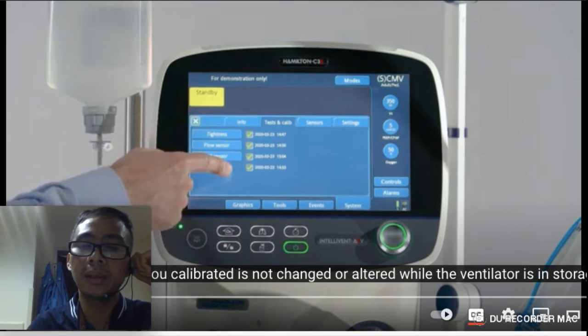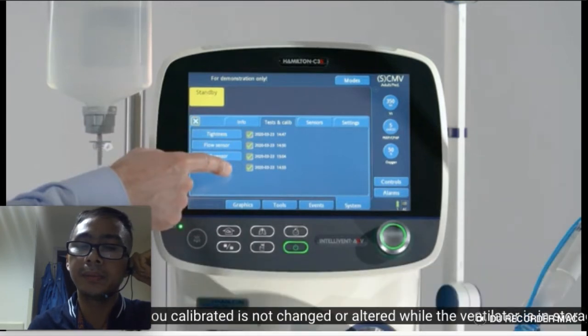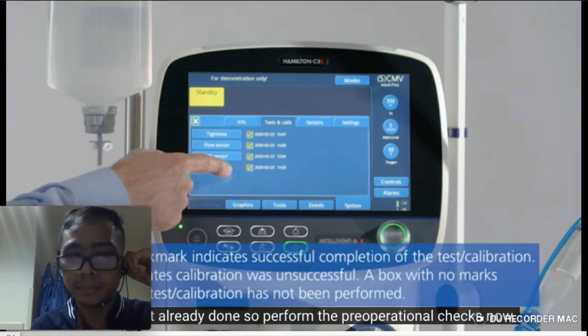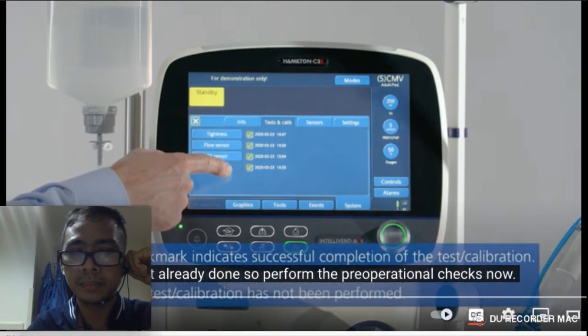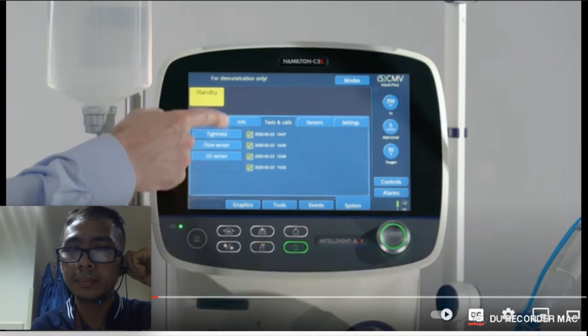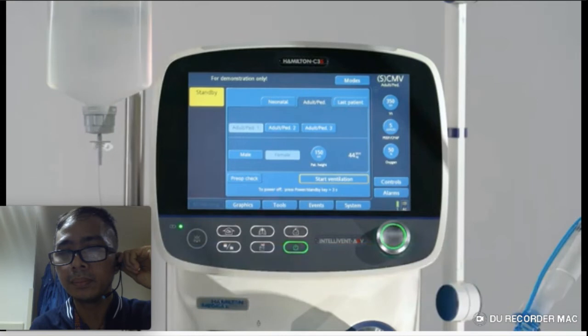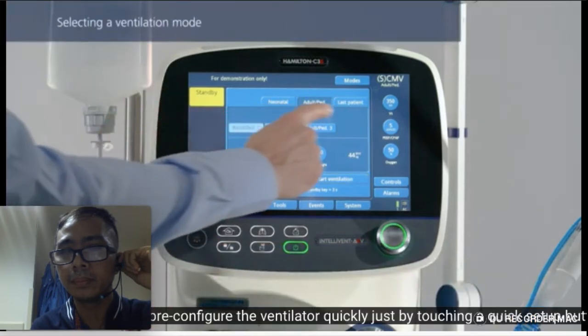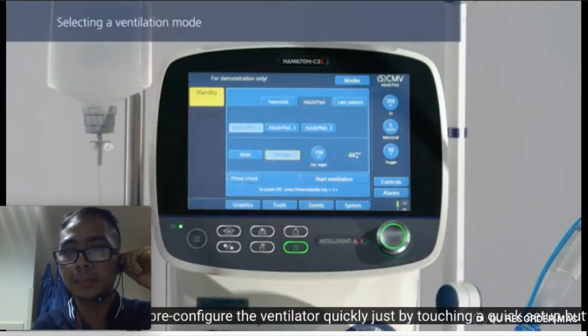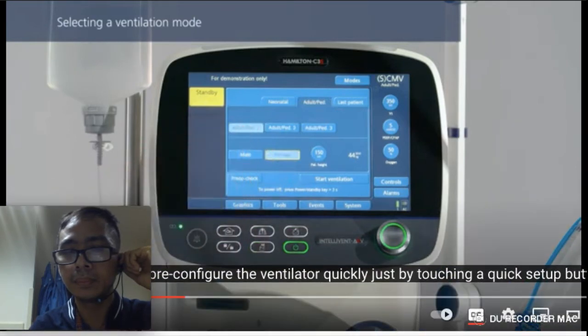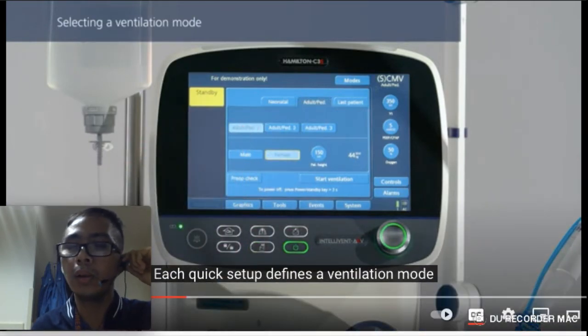Okay, let's continuously observe. So always press or select new patient for safety purposes.